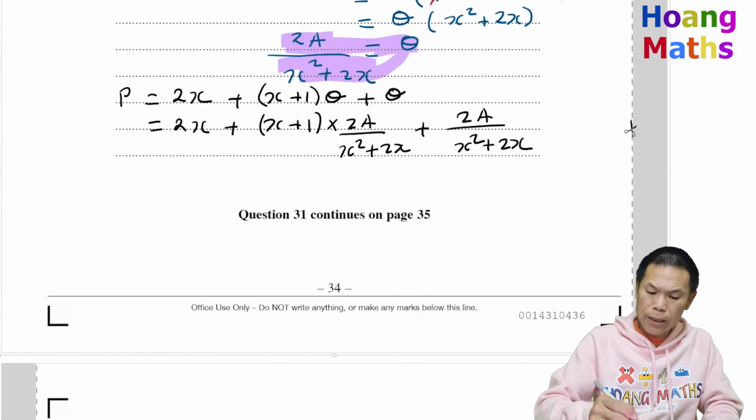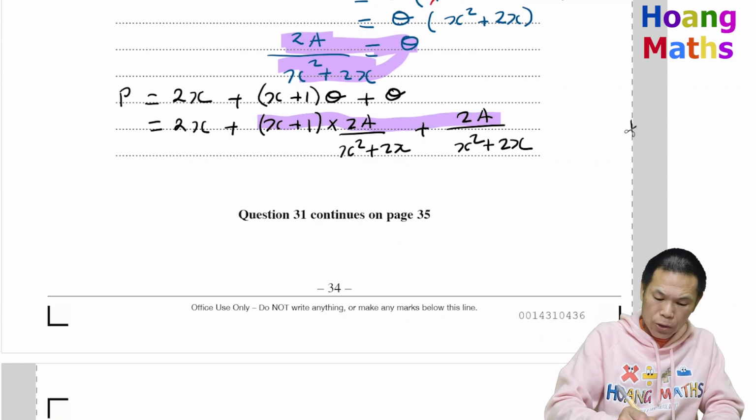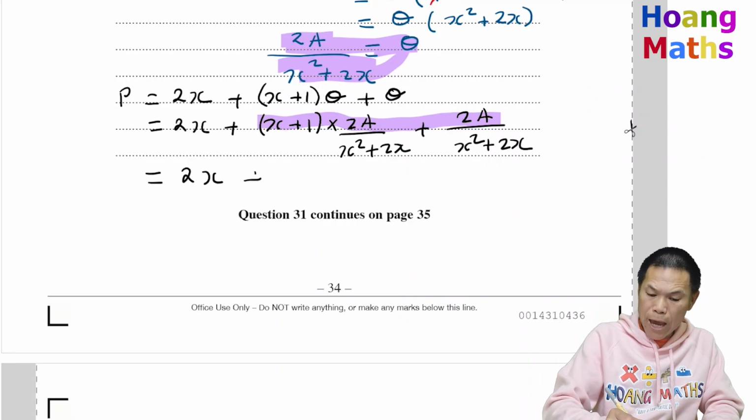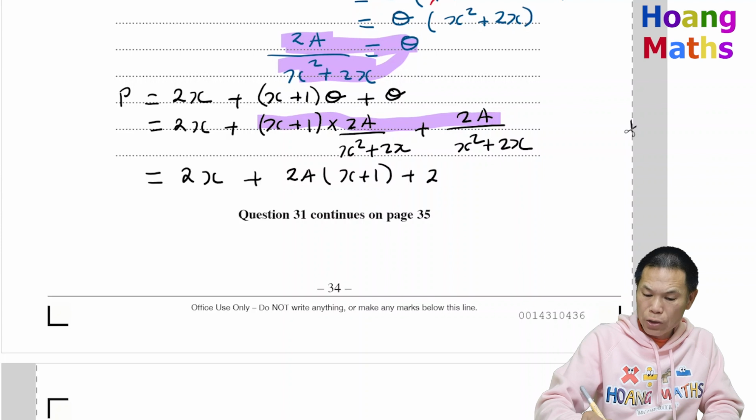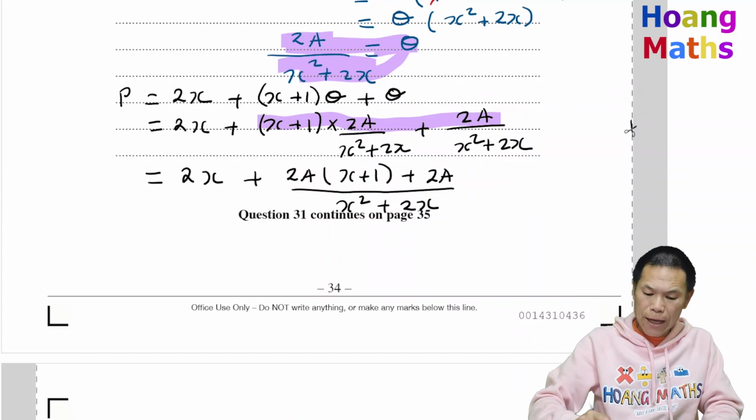Now I can make this one fraction because they have the same common denominator. So that becomes 2x plus 2A(x plus 1) plus 2A over (x squared plus 2x). And I can take out the common factor.